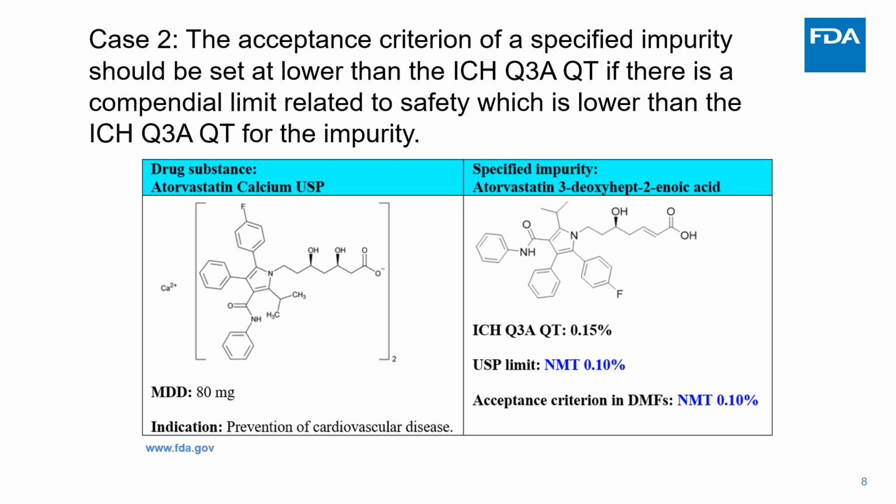Although its ICH qualification threshold is 0.15% based on the MDD of 80 mg, the acceptance criterion of this impurity in the drug substance specification should be set at a maximum of 0.10% instead of the ICH qualification threshold of 0.15%.